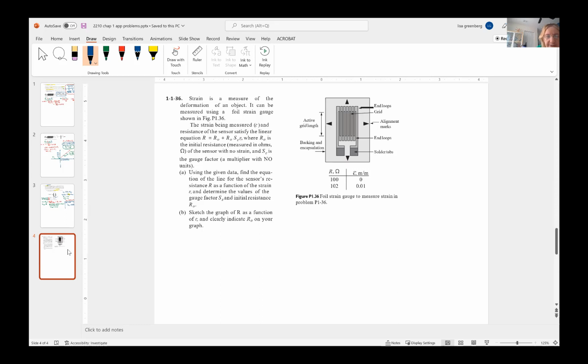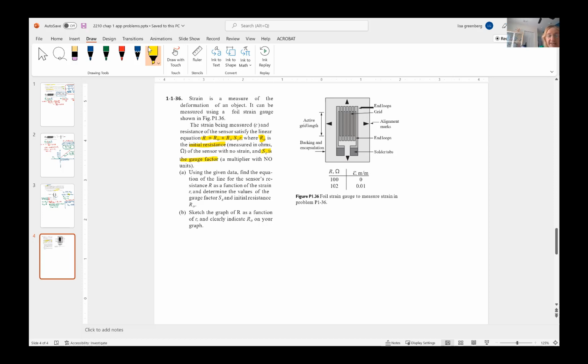Okay, so the strain being measured, epsilon, and resistance of the sensor satisfy the linear equation. There's our equation. R equals R sub 0 plus R sub 0 times S sub epsilon times epsilon, where, again, it's telling us R sub 0 is the initial resistance, measured in ohms, of the sensor with no strain, and S sub epsilon is the gauge factor.